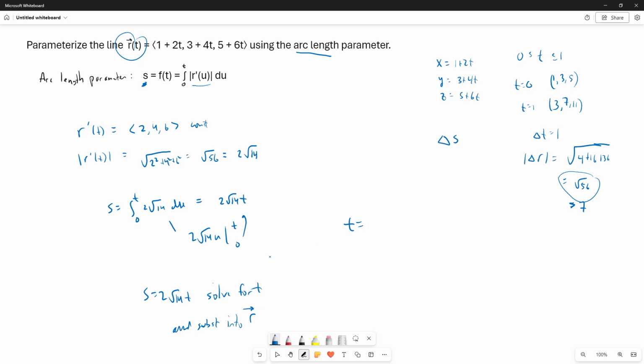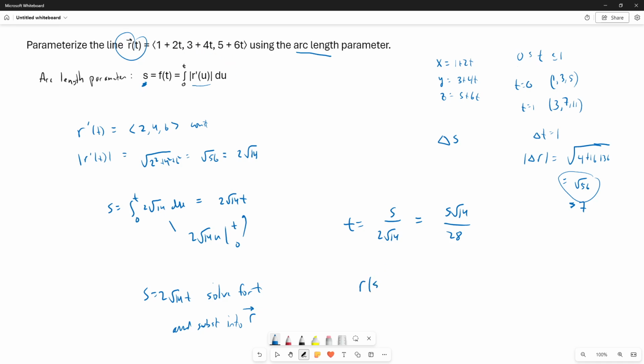Obviously t is just s divided by 2 root 14, or s root 14 over 28, if you want the radical in the numerator. Let's plug this in for t.